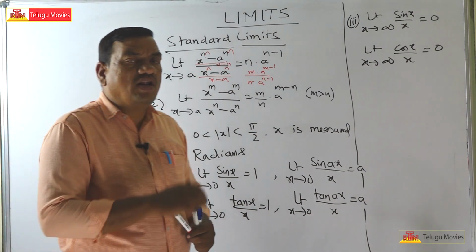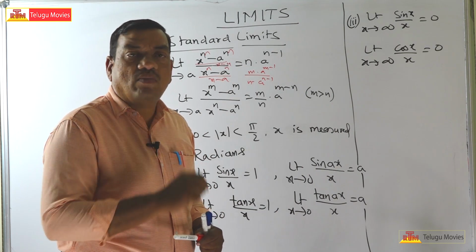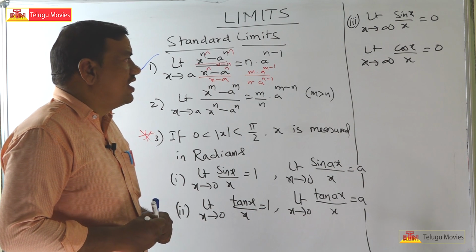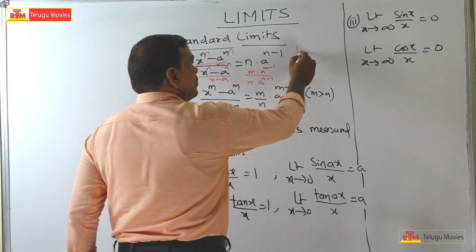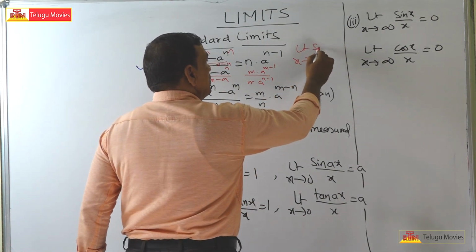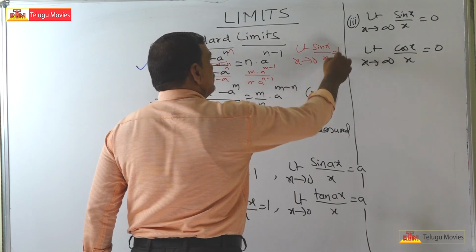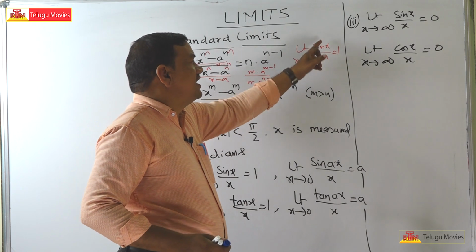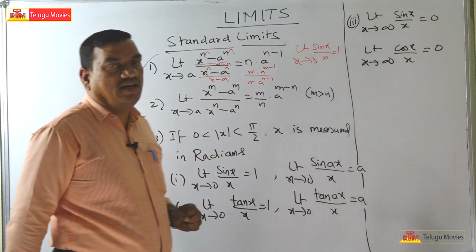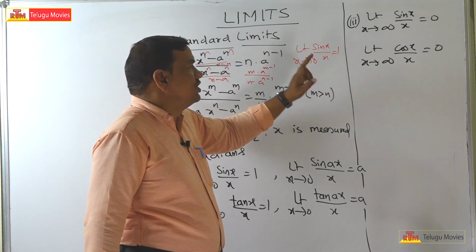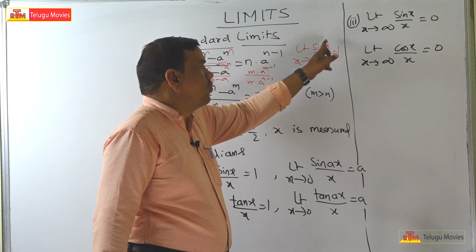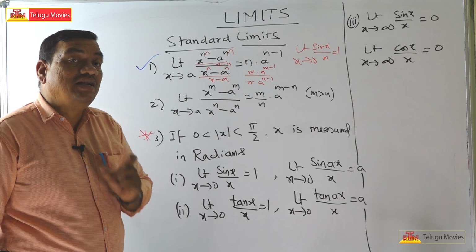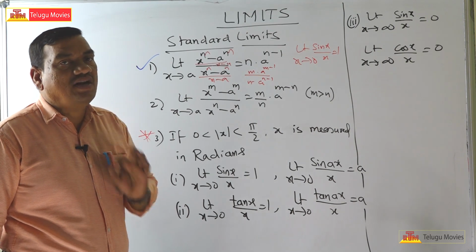Try to learn the formulas in a conceptual way. Generally students learn formulas like this: limit x tends to 0, sin x upon x is equal to 1. Try to understand, dear: there are three x's here. What about sin x and what about x? x is measured in radians. That is very important.